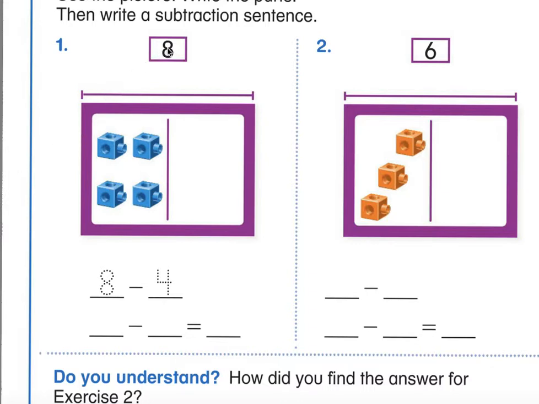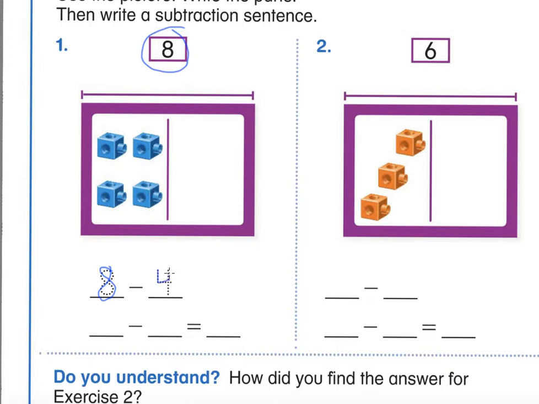So let's look at what we have. Our whole number is 8. So we need to write that down in our number sentence first, because that's our whole number. So 8. Now let's look at the part that they gave us, which is 1, 2, 3, 4 cubes.